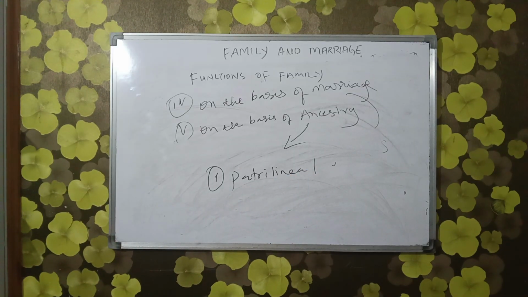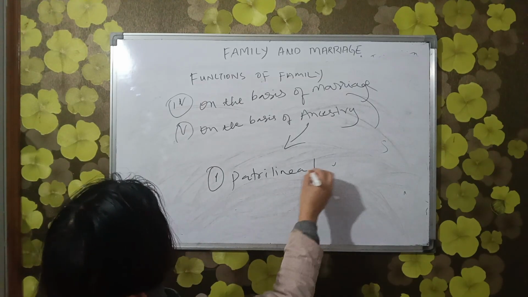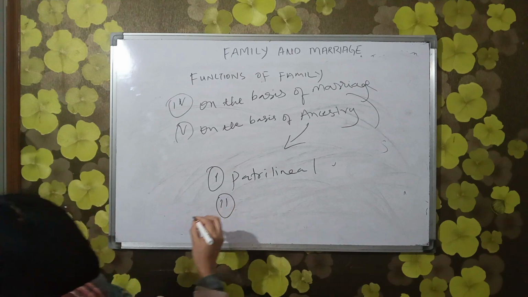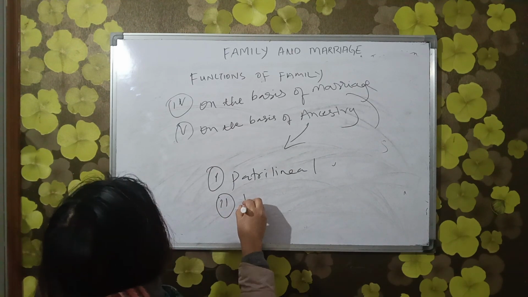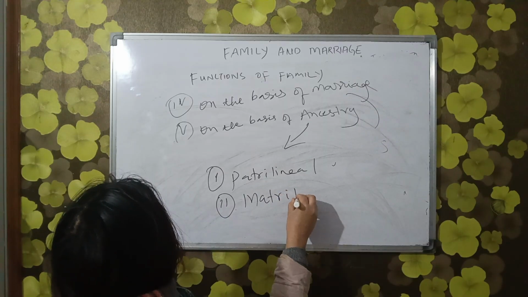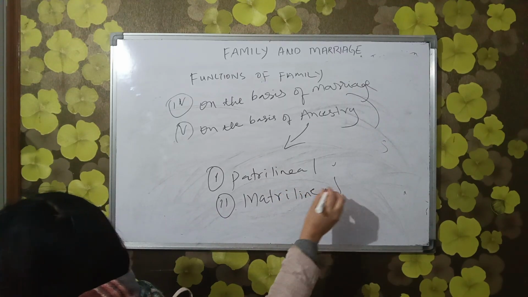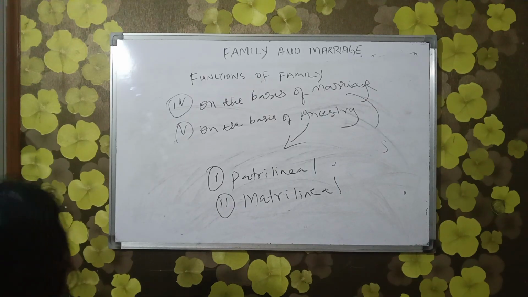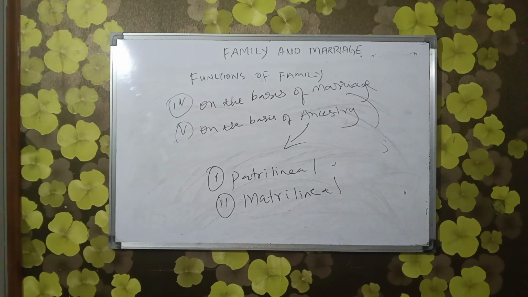Patrilineal means ancestry continues through the father. Here, the ancestry will continue through the father. And matrilineal means the ancestry continues through the mother's side. That is matrilineal. And patrilineal means the ancestry will continue through the father's side.